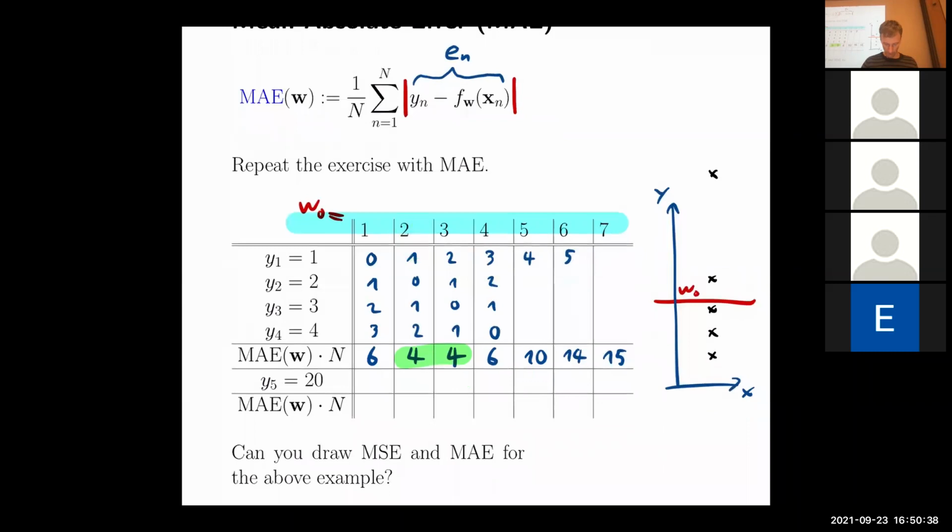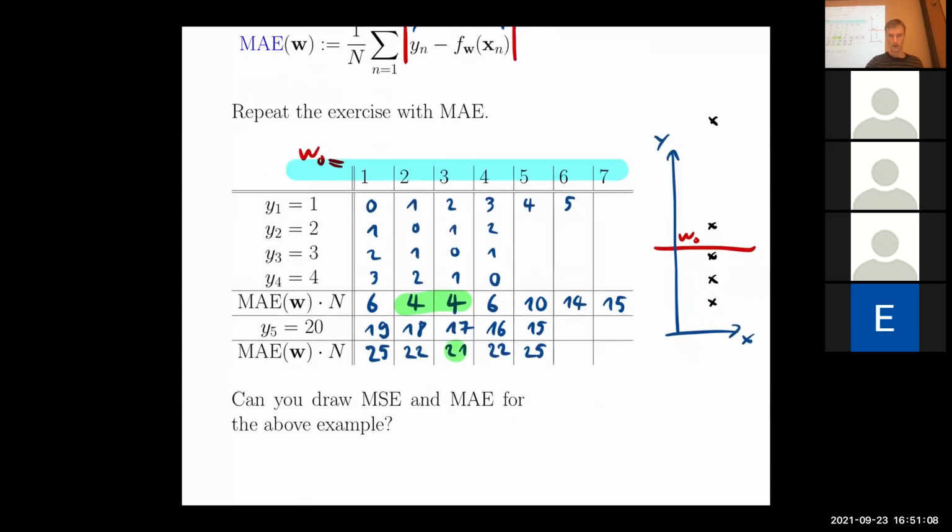But what is interesting now is that if we again add this outlier point, then if you sum this up, you get 25 for the first model, and so on. Sorry for my writing. What I'm saying here is that with the outlier, the best model is model 3. So it's almost the same as without the outlier.